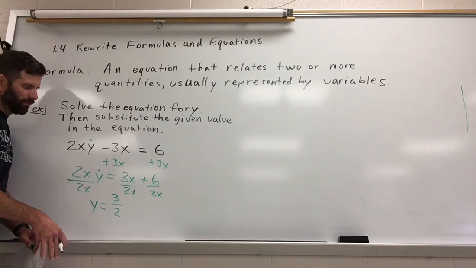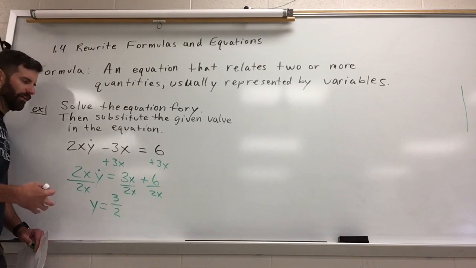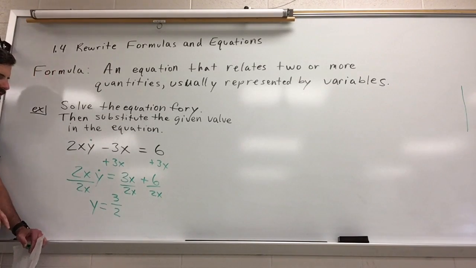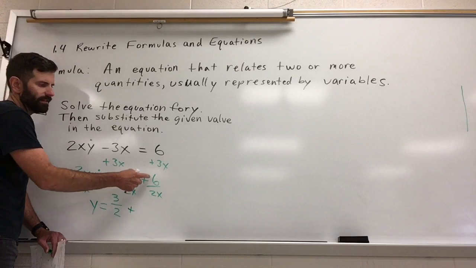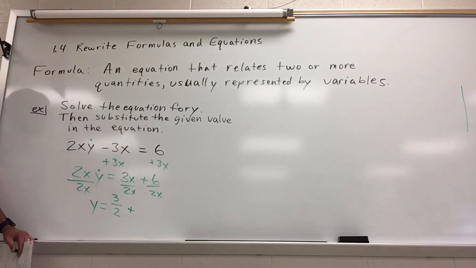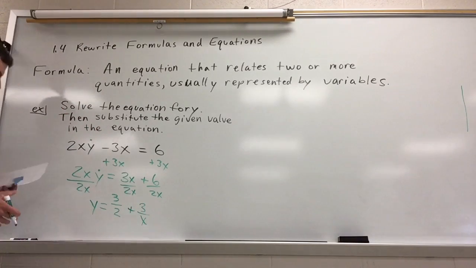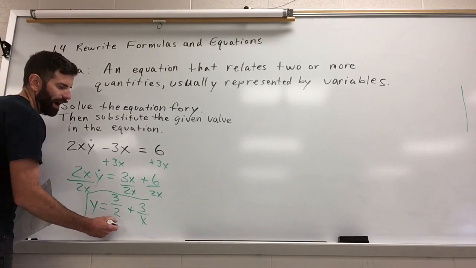Avoid the decimal. You don't want that. 3 halves is simplified, and everybody knows it's an exact answer. If we put a decimal in, people might think we're starting to round things. So we get 3 halves, and then plus, and over here we get 6 divided by 2, which is 3, but our x is stuck in the denominator, like so.